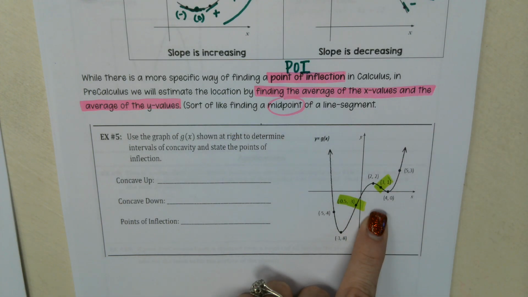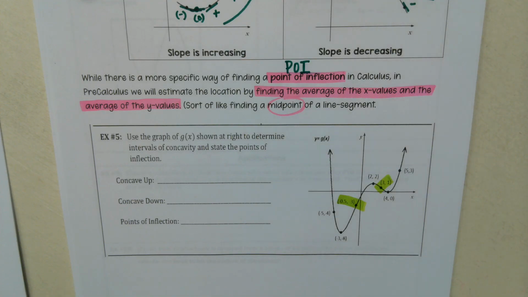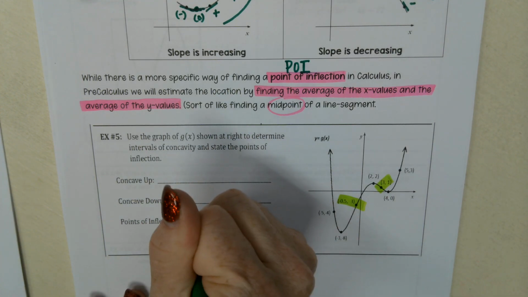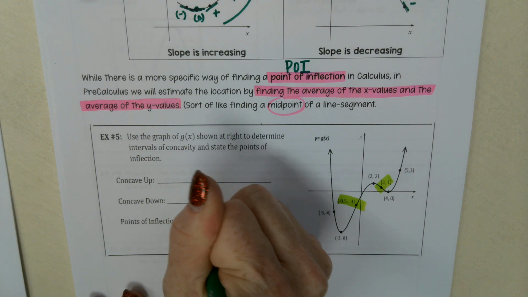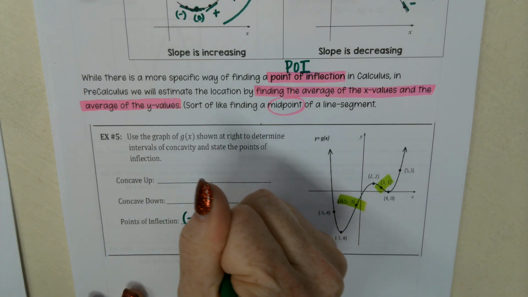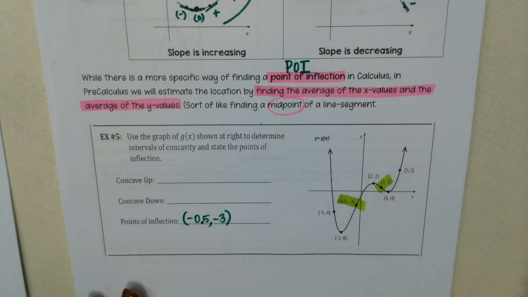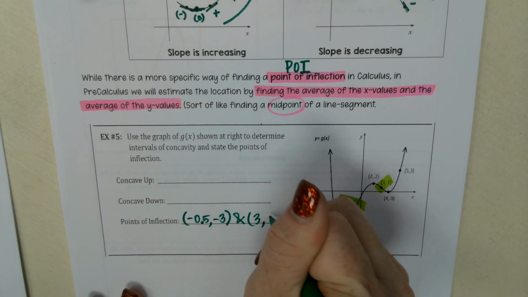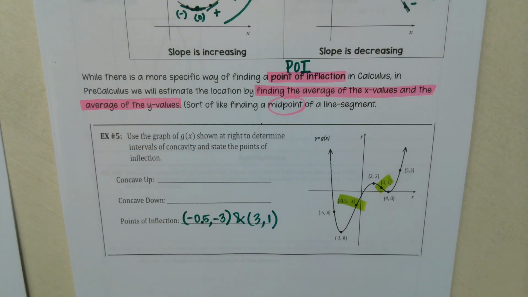This right here is my point of inflection for this one. So I'm going to state that my points of inflection are the ordered pairs negative 0.5, negative 3, and we have the ordered pair 3, 1.